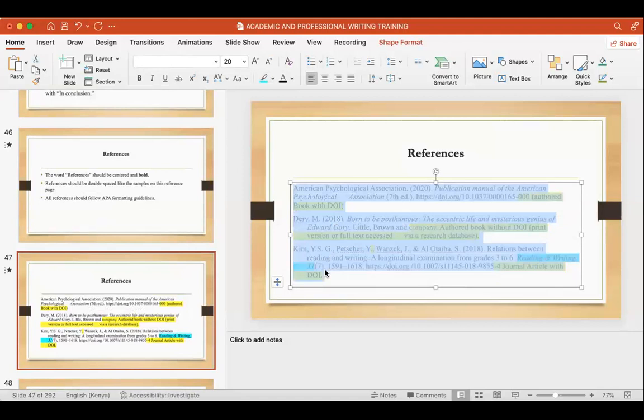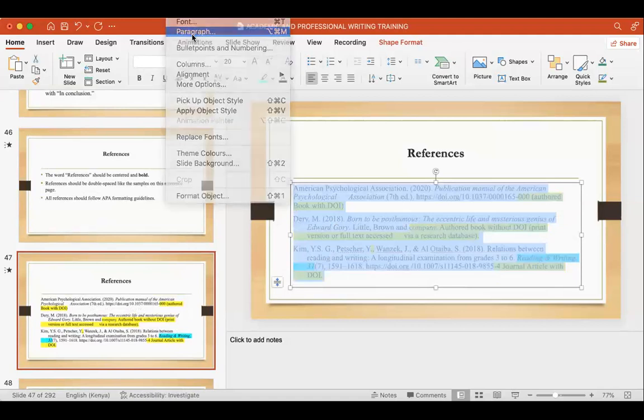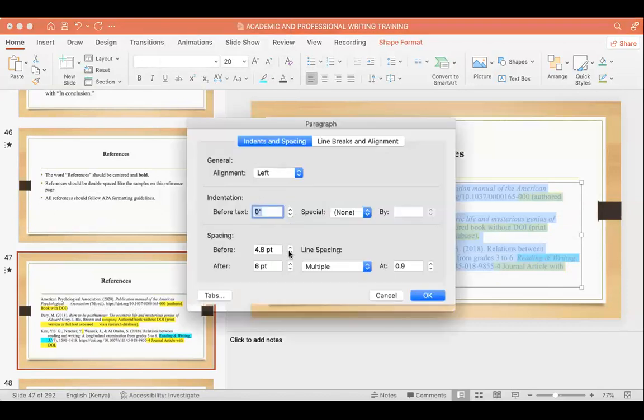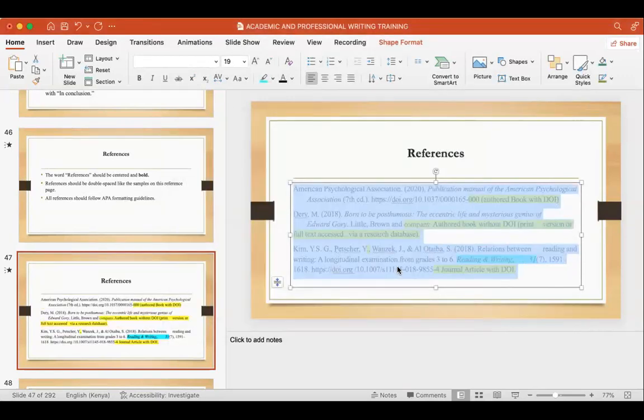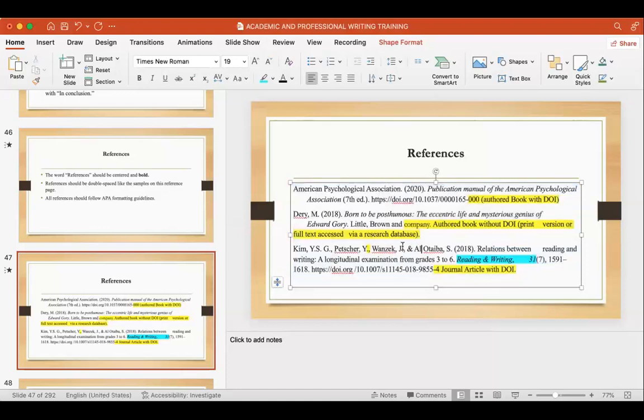Then I come here, I say format, paragraphs. I go to just 00, let me see how it's going to look. It comes single this way. So all this way, all my references are double spaced. And then I indent this. Yeah, this is what we are talking about here.